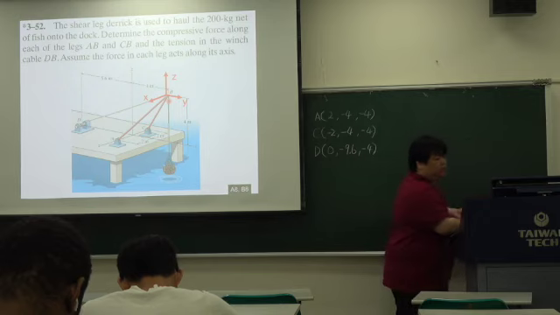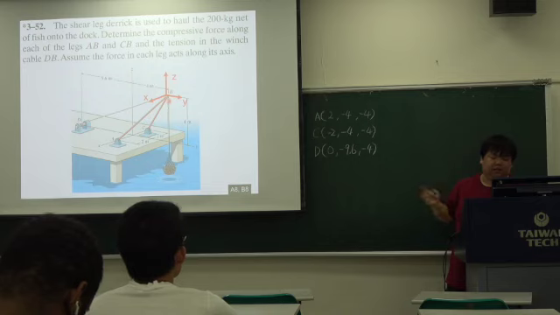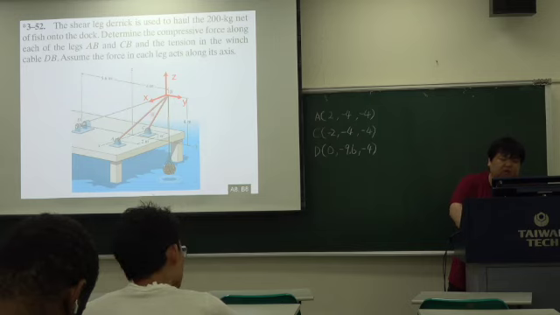Then we can use the vector to calculate, but the force may show like tension, because if you use the Cartesian vector form, although we set the origin at here, the force direction is like this.